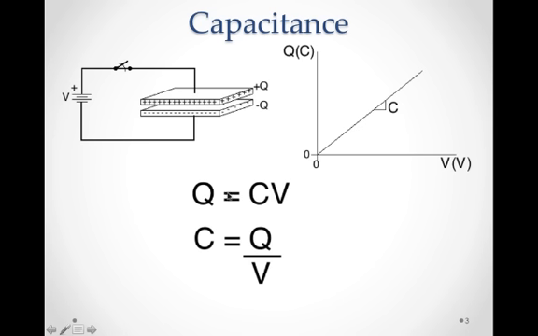So the charge stored on these plates is equal to the capacitance in this configuration times the potential difference across these plates. And so capacitance is equal to the amount of charge per voltage or potential difference in this configuration: Q = CV, so C = Q/V.